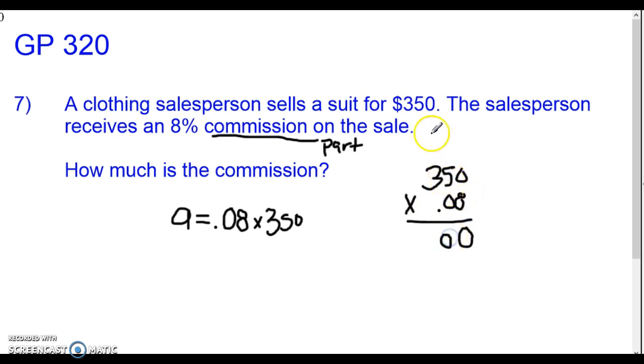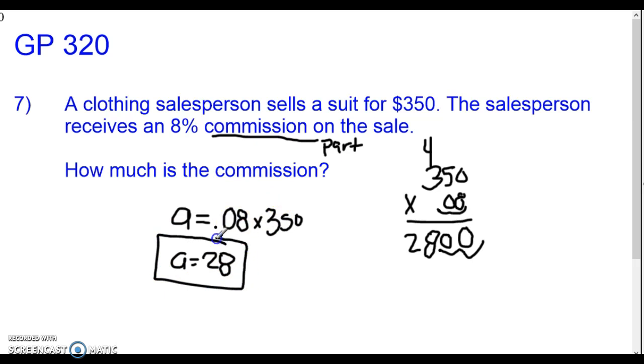I carry the 4. 8 times 3 is 24, plus 4 is 28. And then I need to move my decimal 1, 2 spots. So A equals 28. So the commission this person made is $28.